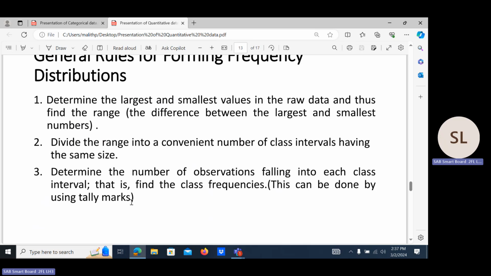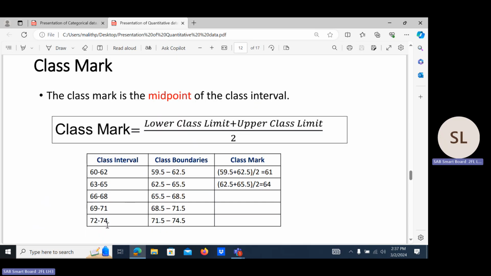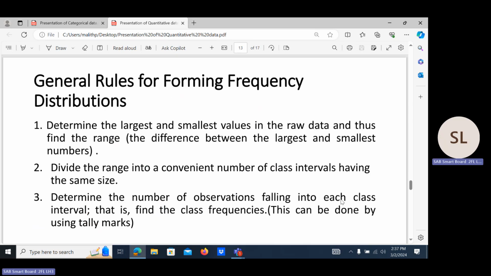Then we identify how many class intervals we need. In here, how many class intervals are there? 5. Normally we use 5, 7 or up to 12. The maximum number of class intervals we normally include is 12. If we take a higher number of class intervals, then the grouped frequency distribution may be lengthier.